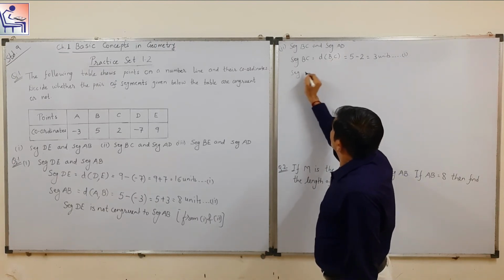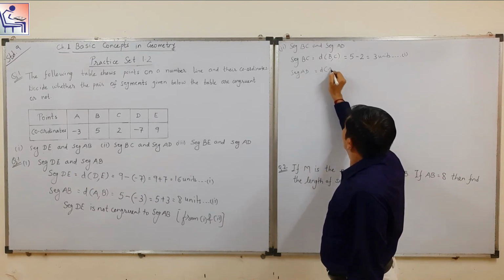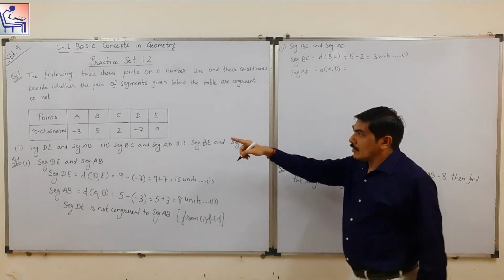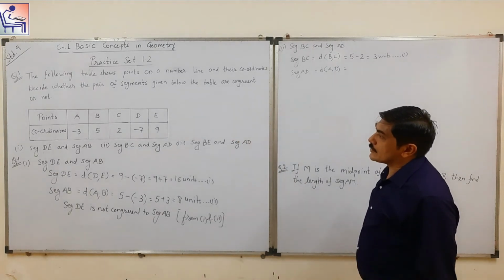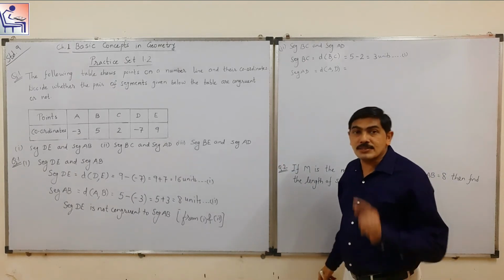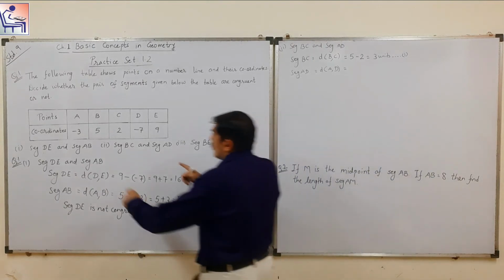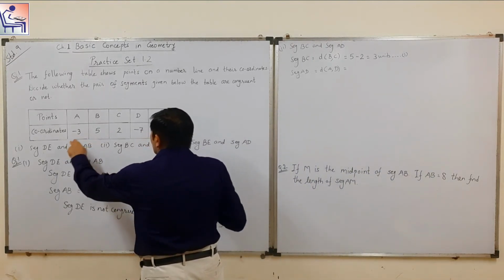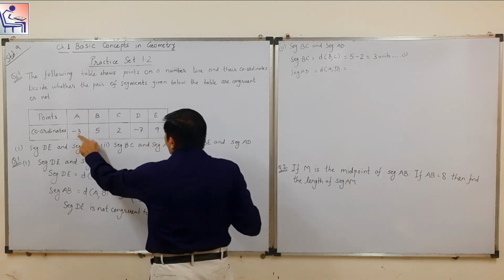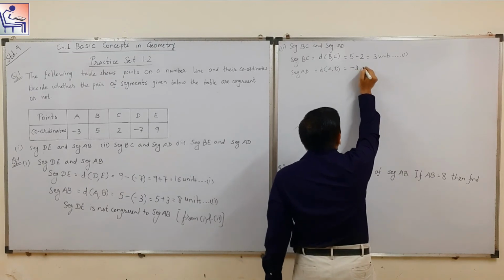Now we will check for segment AD. I will write here distance AD. The coordinate of point A is -3 and the coordinate of point D is -7. Remember, both these numbers are negative. In negatives, the number which is smaller is greater, so -3 is greater than -7.